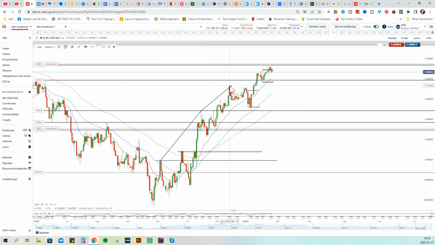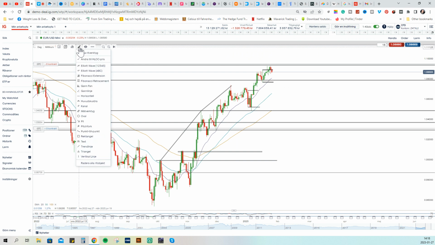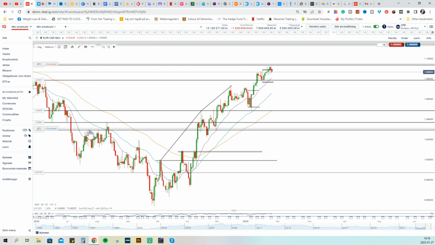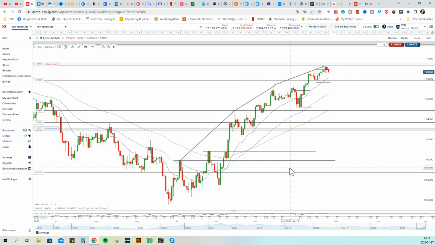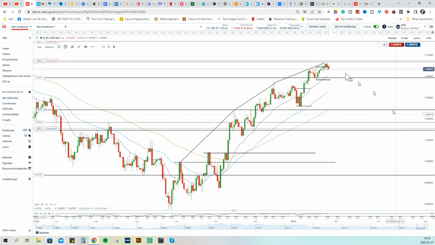The angle goes down. And if I connect the next one from this top to here, we can see this line is sloping. I will look forward to seeing how much this drop will be.